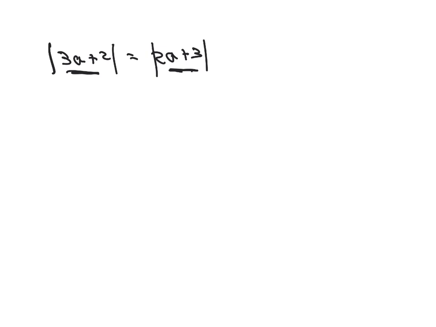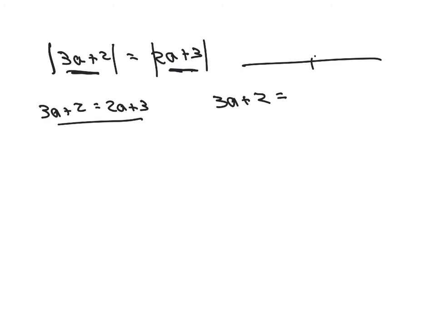Doesn't really matter. So when you solve this, we're going to solve it as if 3a plus 2 equals 2a plus 3. The distances are the same. We can set them equal to each other. We can also say that the distance could be 3a plus 2 could be here, and 2a plus 3 could be here.